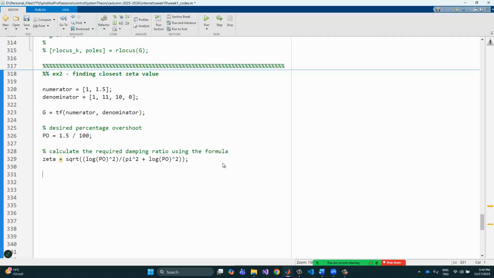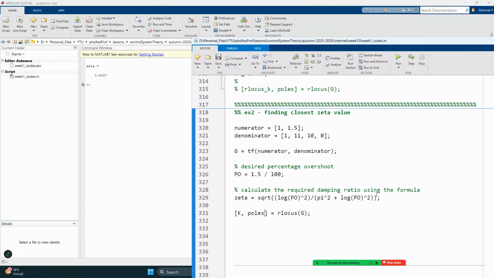So k, poles, which is equals to the rlocus of G, poles. See, right now, if we run this code, if we want to set the desired percentage overshoot, and so we should find the proper k value, which is equals to the what? To zeta in here.